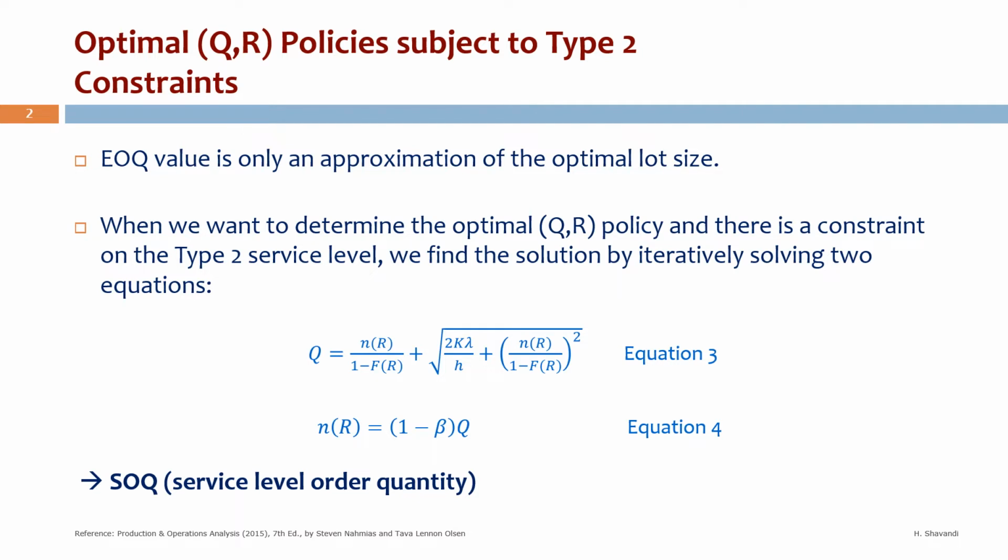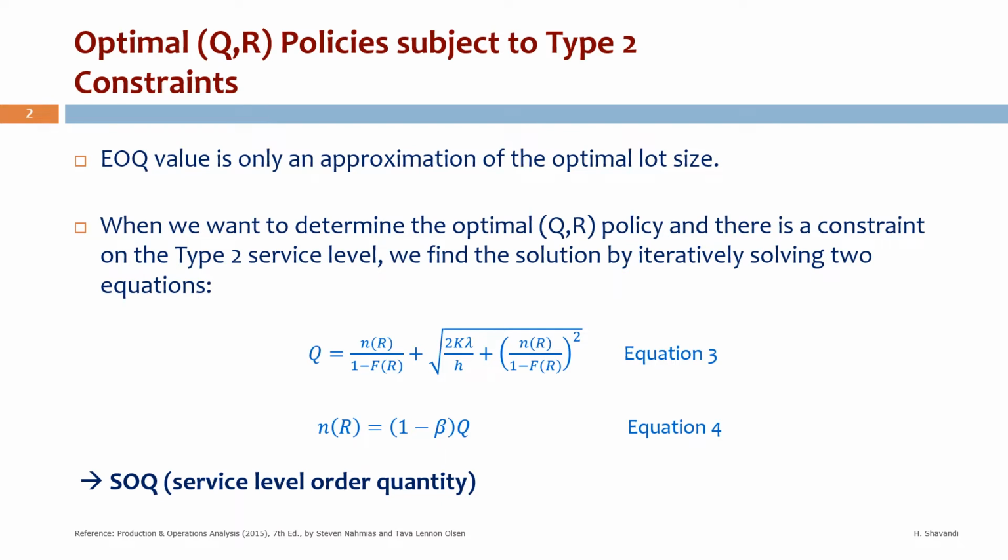So here we are going to consider the QR inventory model, and we don't have the penalty cost, the P, but instead of that, we are considering a type 2 service level, the beta. If you remember from the previous section, we had these two equations.